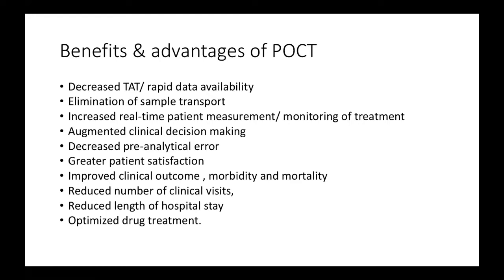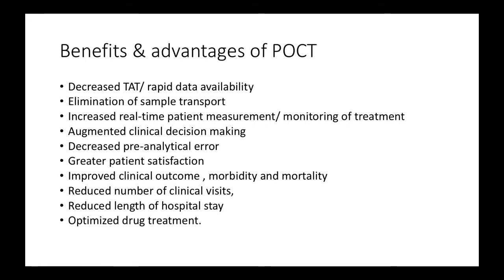What are the benefits and advantages of point of care testing? There is a decrease in the turnaround time. Results are available at the point of care only and immediately. There is no need for any sample transport. Sometimes in some hospitals, if the ABG facility is available at one place, you may have to transport samples from different areas to that place.